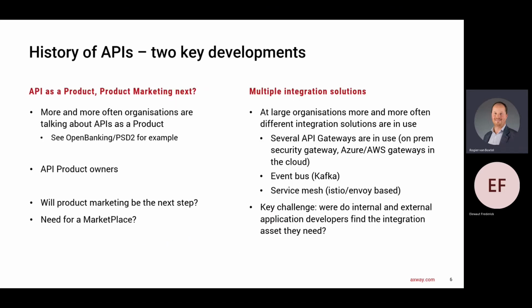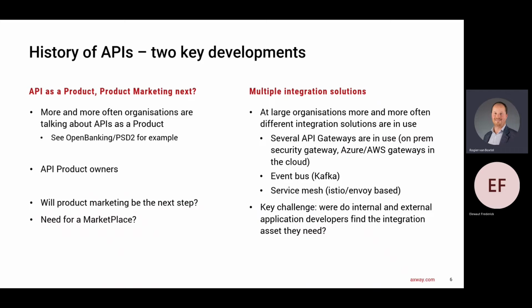And then if you look at the more recent history, so let's say the last couple of years, what we saw happening is kind of two key developments, key new things. First of all, a very logical next step when you look at an API is API as a product.